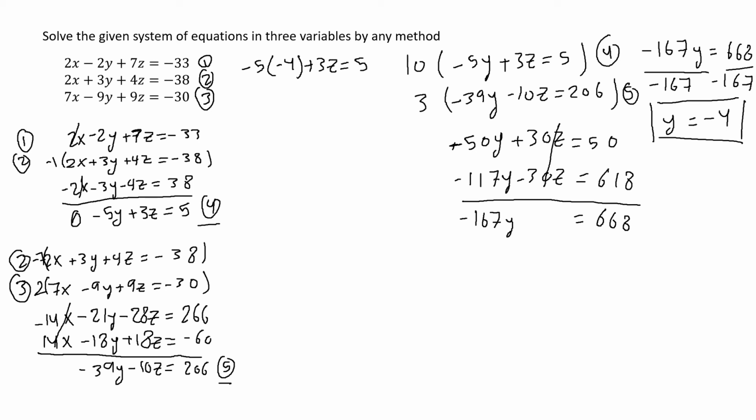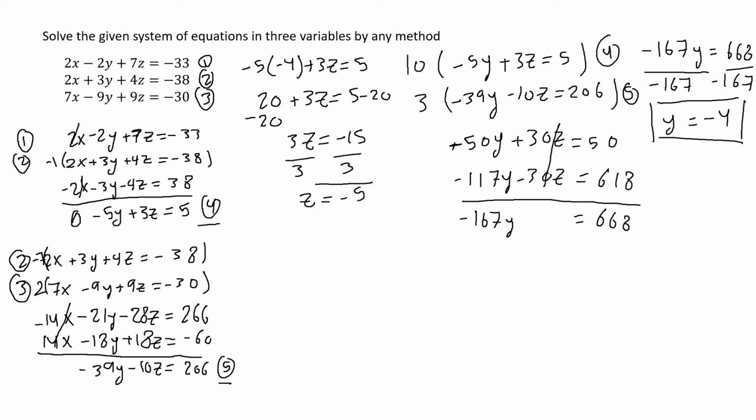Negative 5 times negative 4 gives us positive 20 plus 3z is equal to 5. We can subtract 20 from both sides, so 3z is equal to negative 15. Divide both sides by 3. Z is equal to negative 5.